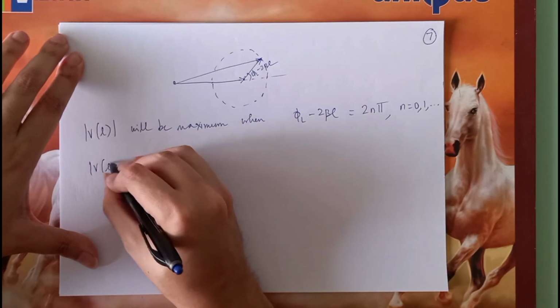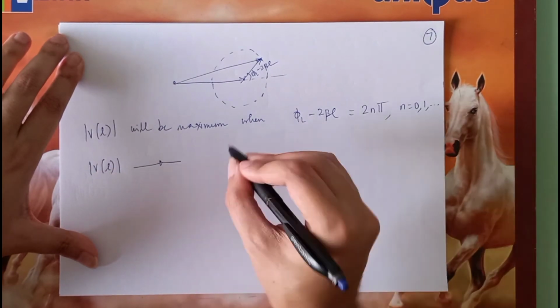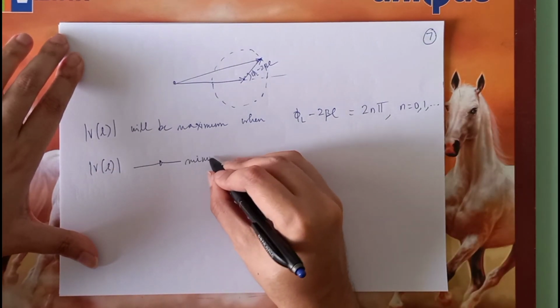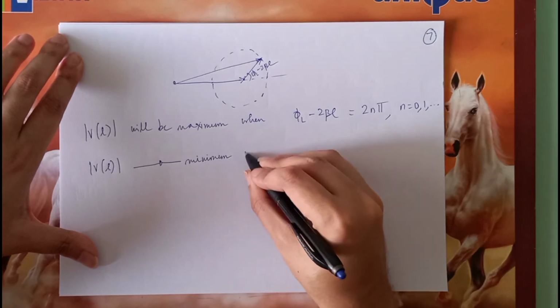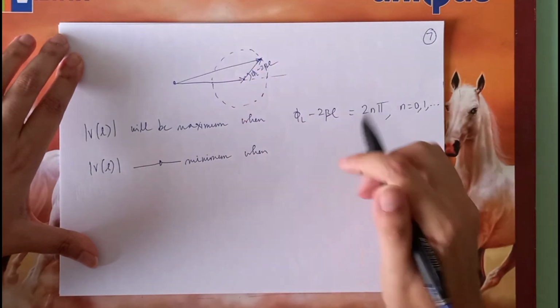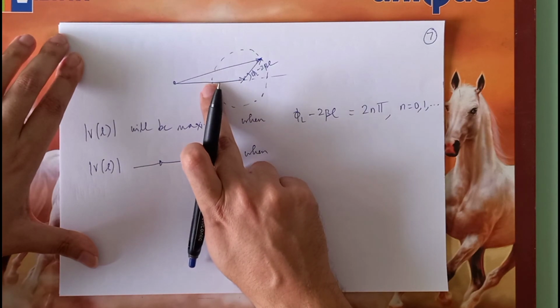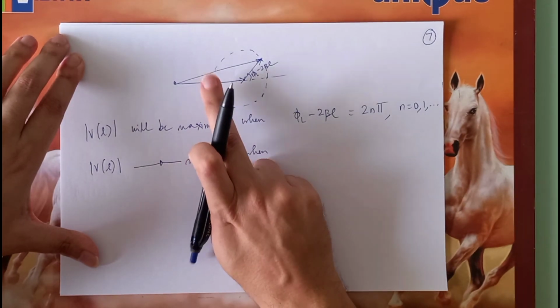Likewise, V of L will be minimum when this angle would be either pi or 3 pi or 5 pi and so on.